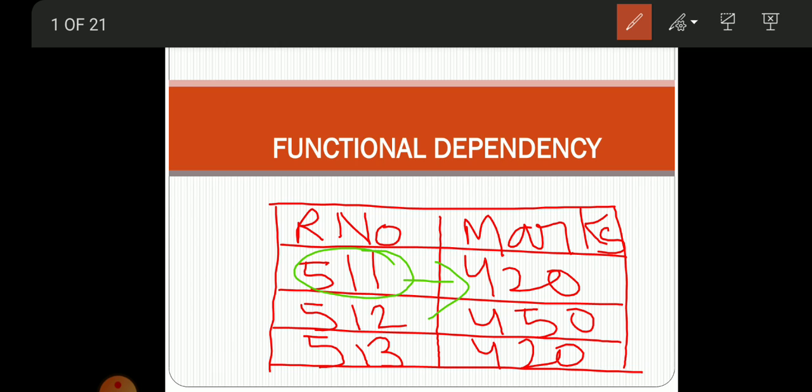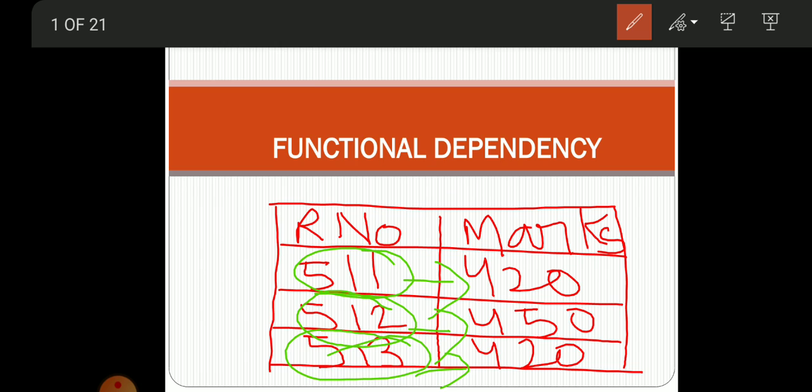So here also I am taking the same example. We entered 511 and got marks 420, right? Now if you want to search for 512, then again there would be no problem. We'll simply enter 512 and we'll get 450. And if we talk about 513, then we'll get 420, right?